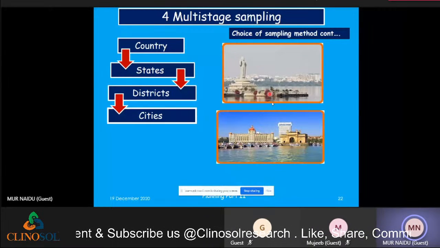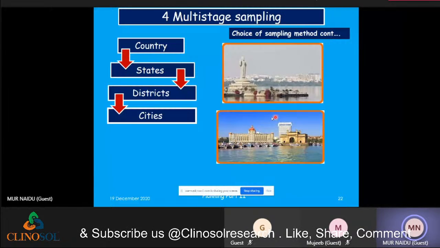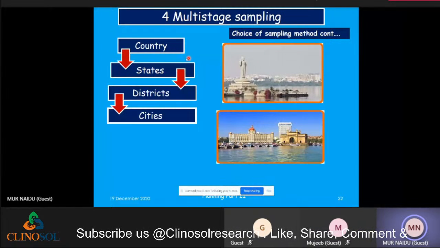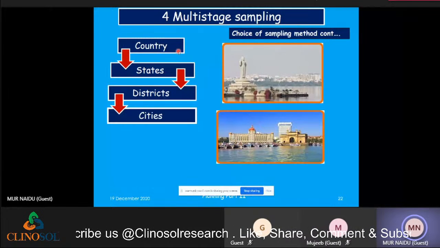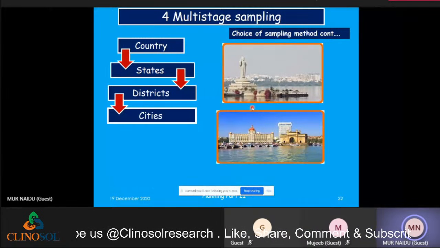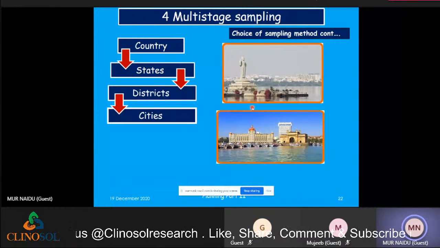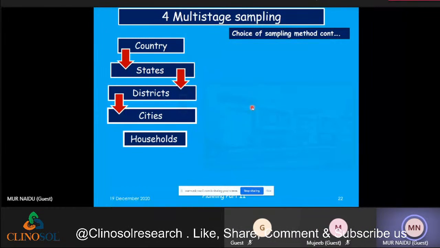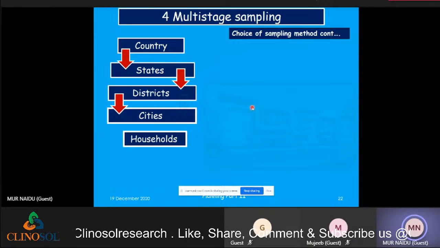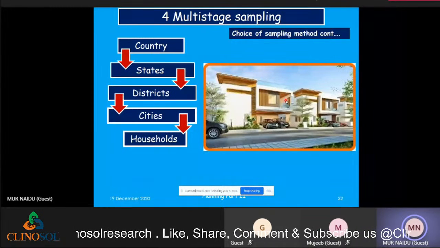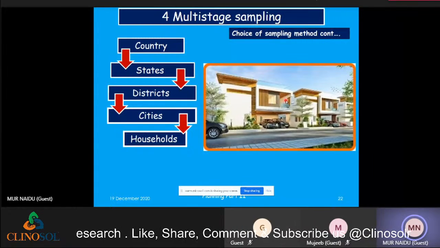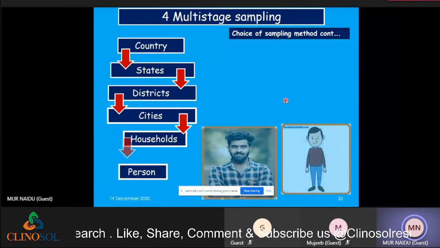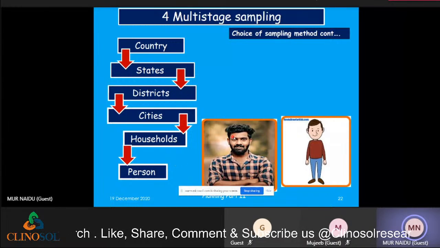Now in Hyderabad, so many diabetic people are there, and in Bombay, so many are there. Now, as per my inclusion and exclusion criteria, I need my real sample. And what is that? The household. I would like to select the people who are living in that household area in Hyderabad or Bombay. And from that household, finally, I will get a person.